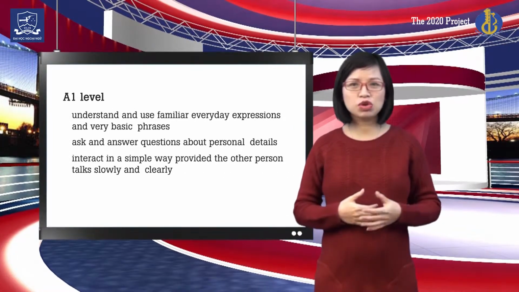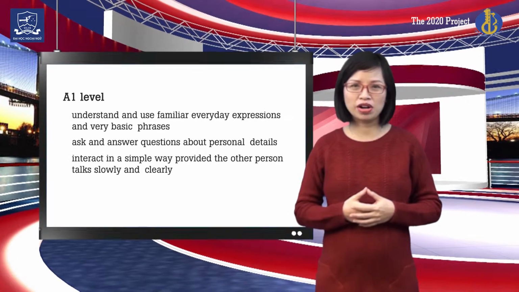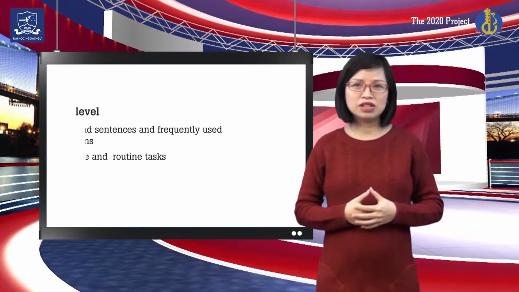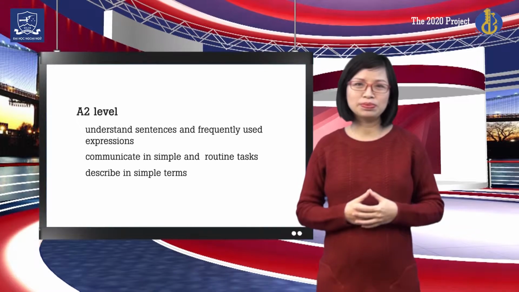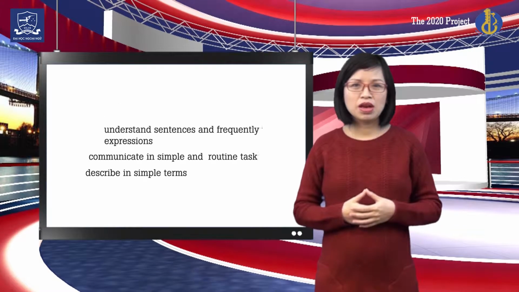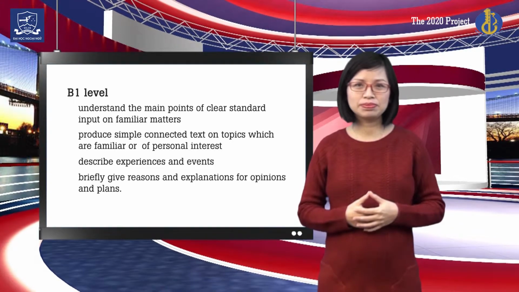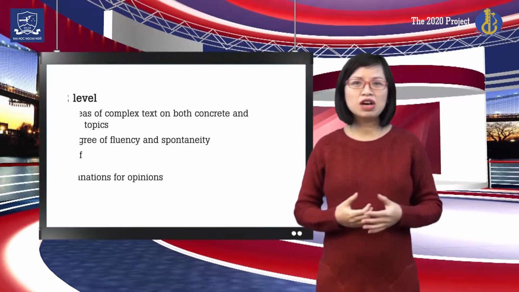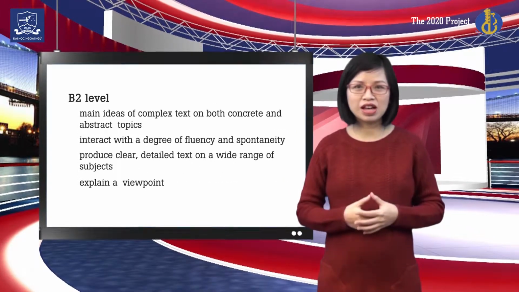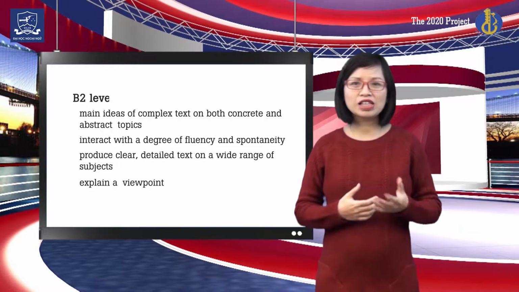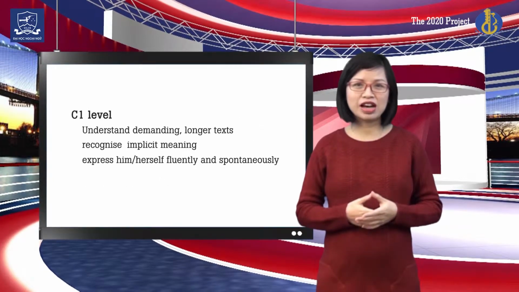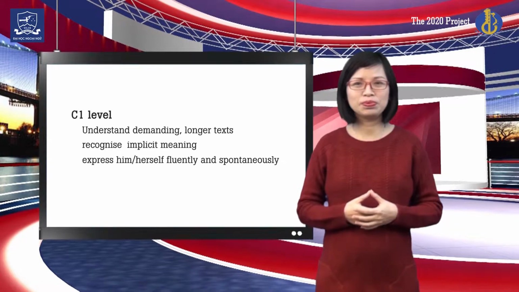Here are the correct descriptions for level A1. These 3 statements are for A2 level. B1 level descriptors are shown on the slide. B2 level descriptors are shown on the slide. And the last 3 statements on the slide are for C1 level.